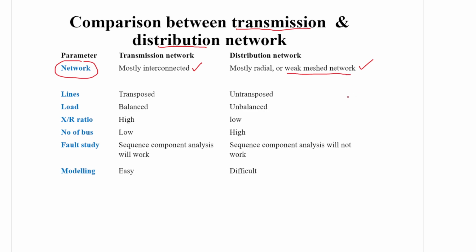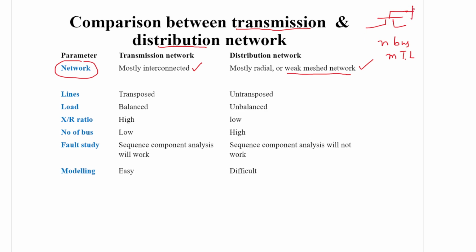Mostly interconnected system means, suppose we have n number of buses, and out of that, m number of transmission lines are there. From one bus, different transmission lines may be emanating, and each transmission line terminates at another bus.